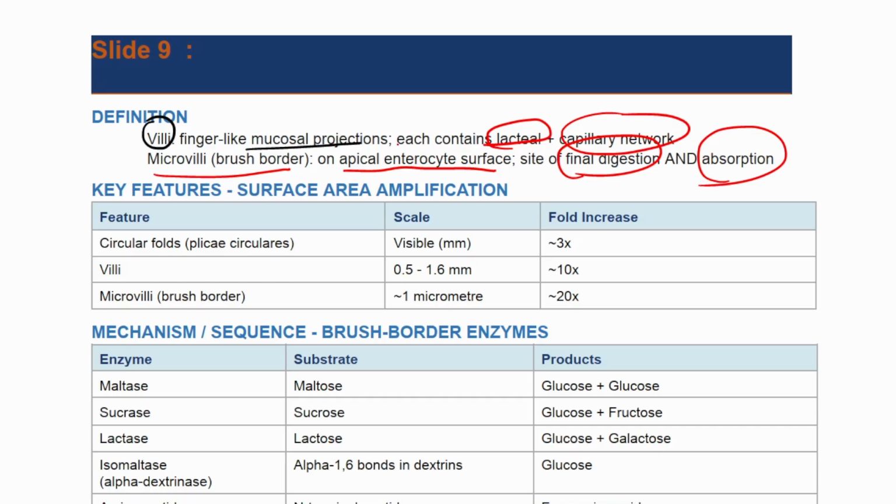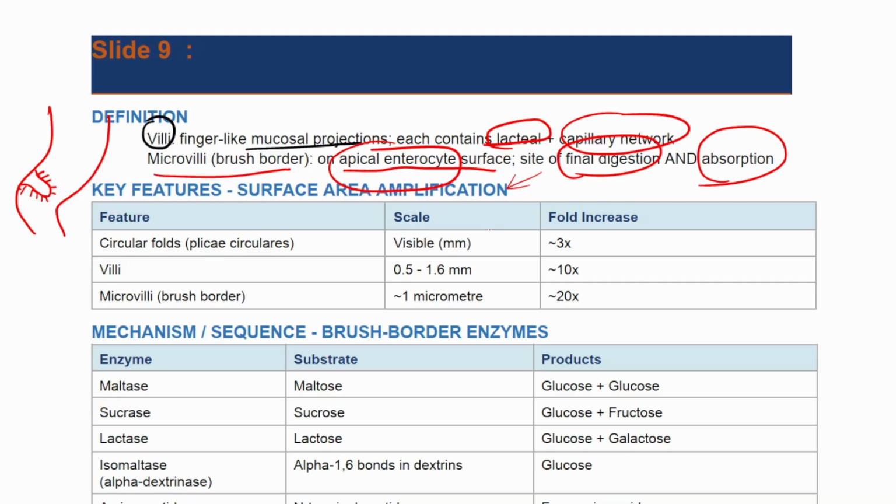When we say apical surface, it simply means if this is the intestine and we have a villus like this, the microvilli will be toward the luminal or apical side, or facing the lumen can be another interpretation. Together, these villi and microvilli structures combine to drive massive surface area amplification.